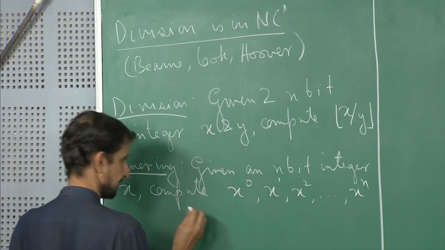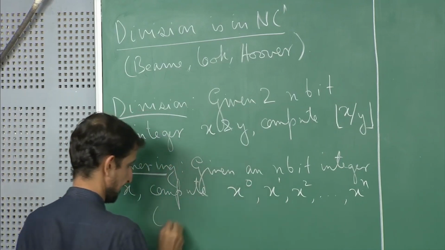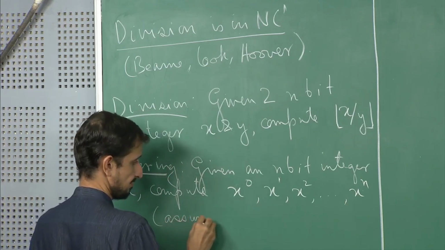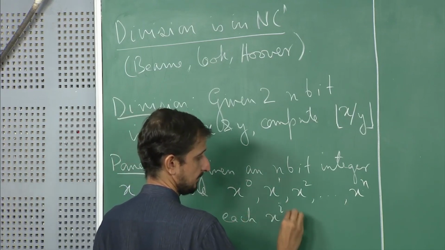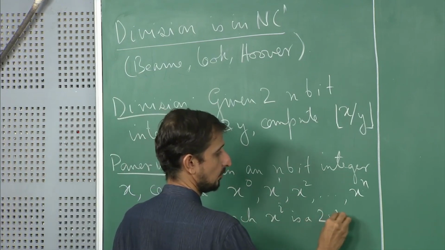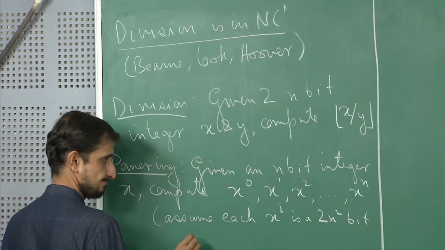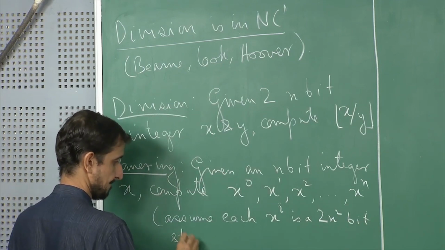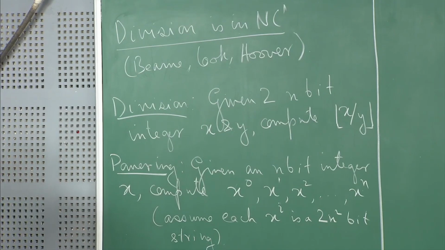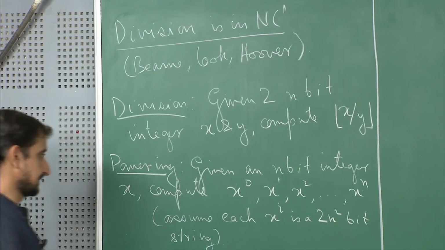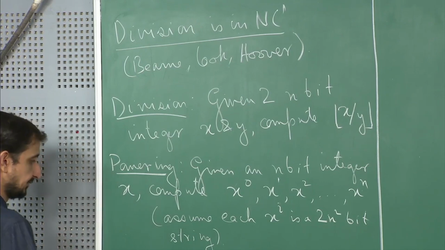So, we assume that each of these is a 2n square bit string. Okay. You can pad it with zeros if it is less than that. Of course, it will be less than that. So, you pad it with preceding zeros.